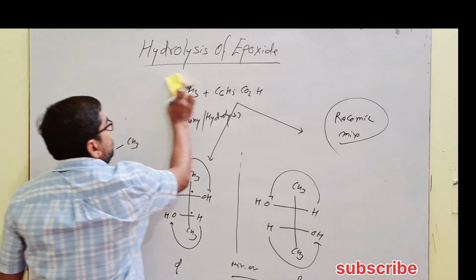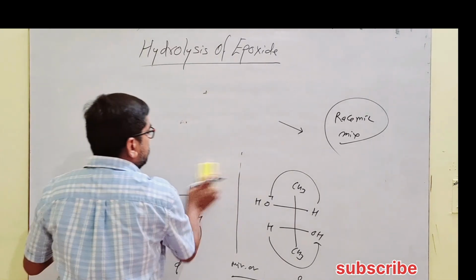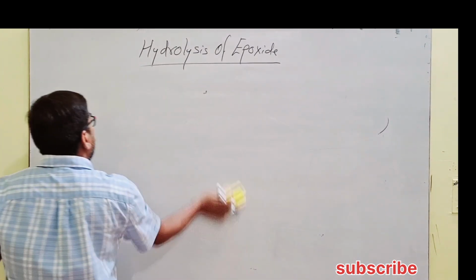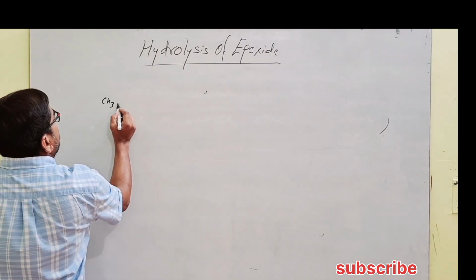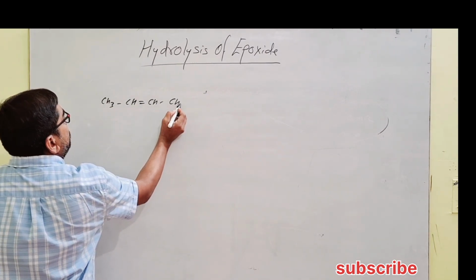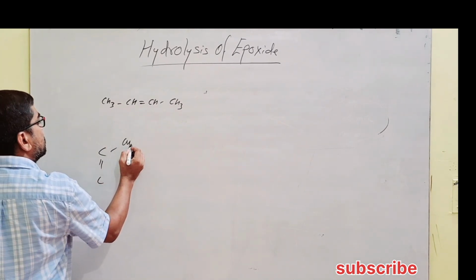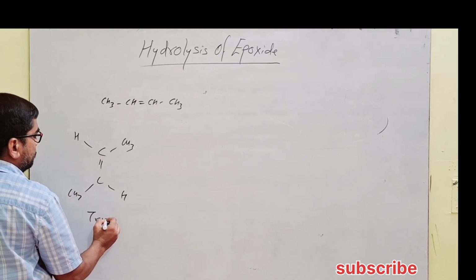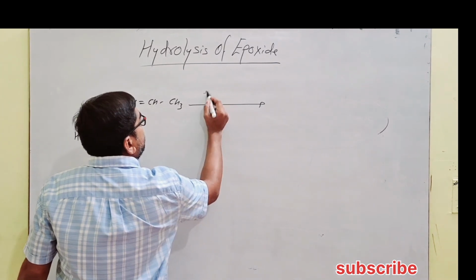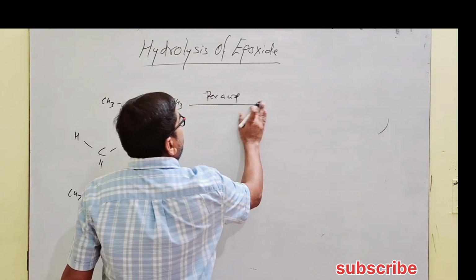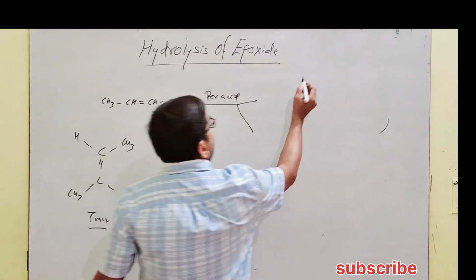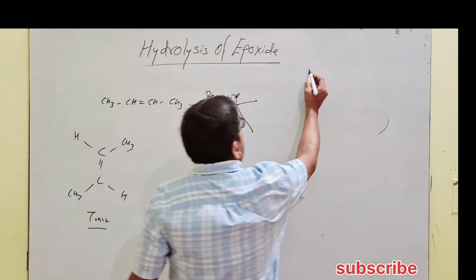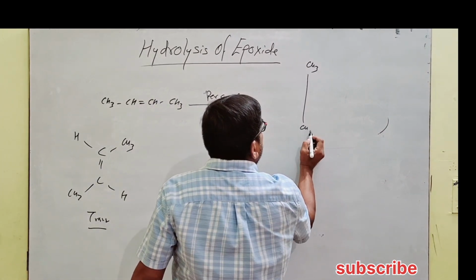But if we take the trans form of an alkene like this, CH3CH=CHCH3, with CH3 and H on opposite sides, this is the trans form. When the trans form reacts with peracid, then it gives cis diols.